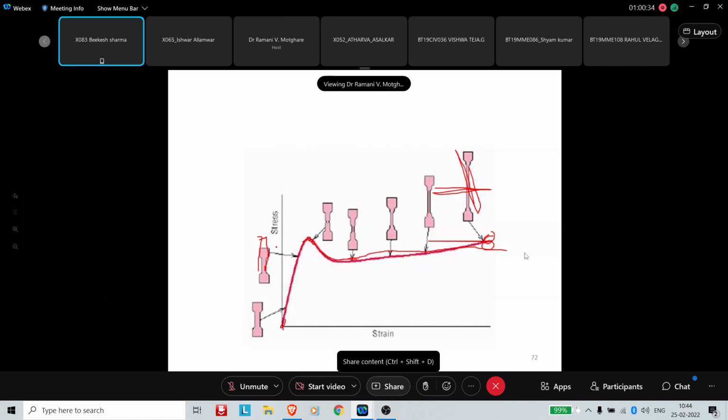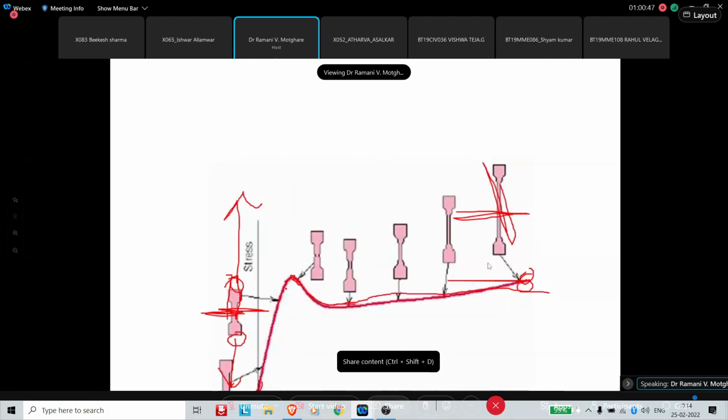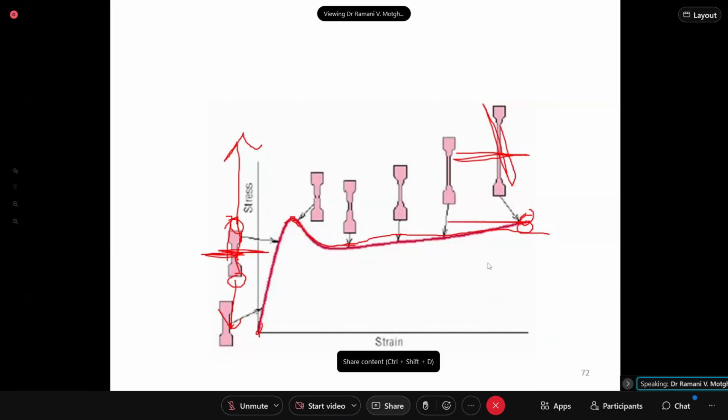Yeah, whenever you apply any stress on these two sides, the force is on the opposite sides like this. So it will be at the middle. It is going to become thin and thin because the molecules present inside this polymer material are being stressed in such a way that at the end there won't be much deformation.